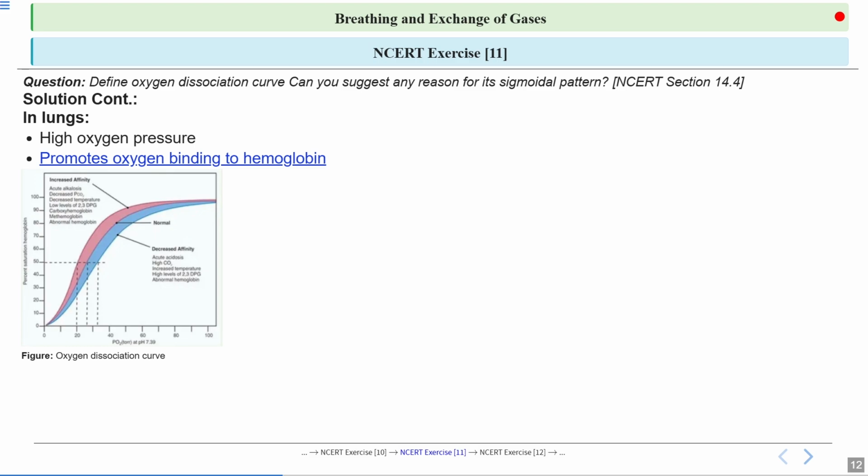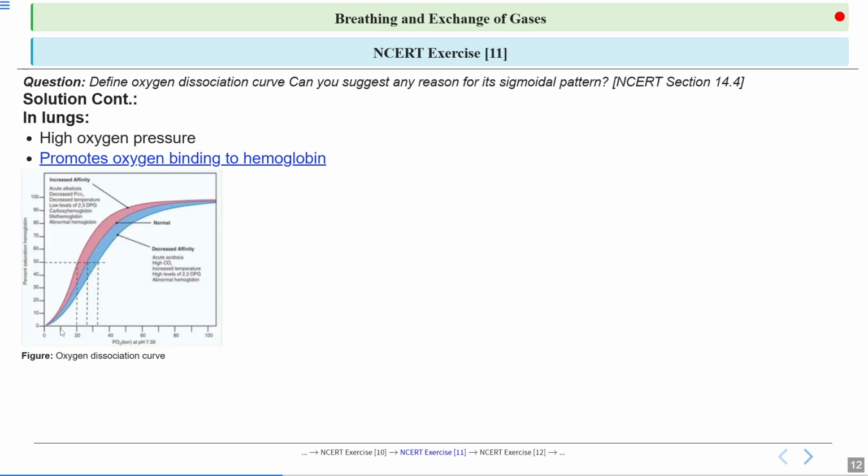Surrounding the alveoli there are a lot of blood capillaries containing a lot of hemoglobin, and this hemoglobin is available for oxygen. So high oxygen pressure promotes oxygen binding to the hemoglobin. As you know, if the partial pressure of oxygen is high, it gets combined with hemoglobin, right?